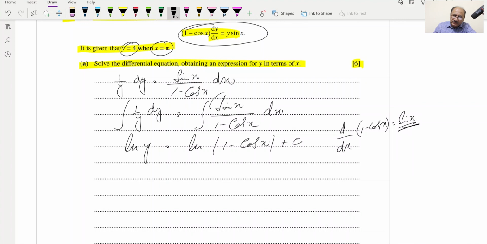So sine x is there, this is the derivative of this one, so we have written log of this. So if derivative is there in numerator, then we can write log form. This is what you know.